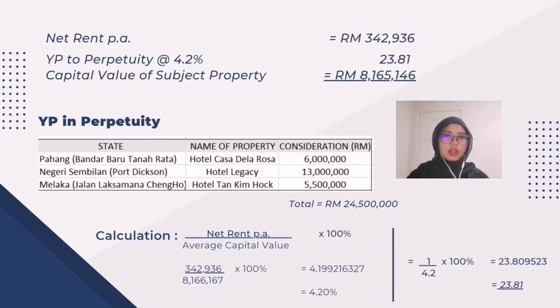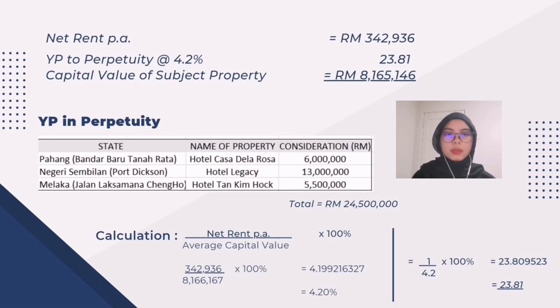I believe Aiman has already explained how to get the net rent per annum, so I will be continuing on how to get the YP in perpetuity. Since the question didn't provide us with the exact percentage to use for YP in perpetuity, we decided to refer to the Property Market Report 2021 in order to adapt the average capital value to calculate the YP percentage.